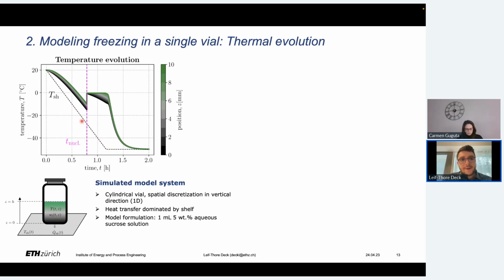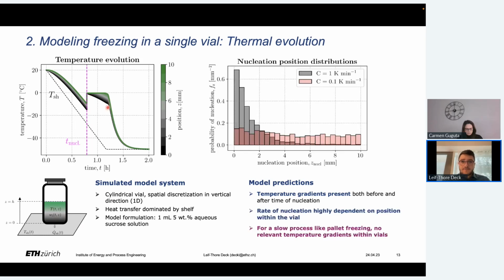And of course, if we cool down the shelf, we will cool down also the solution in the vial. But the bottom here shown in black actually cools down more and faster than the top shown in green. So we have temperature gradients both before and after the time of nucleation. And the question is, do these temperature gradients matter?